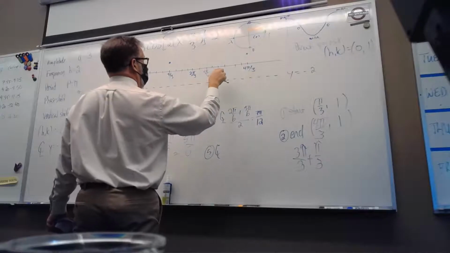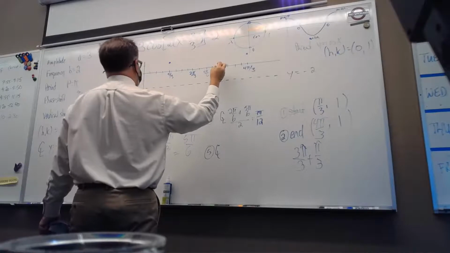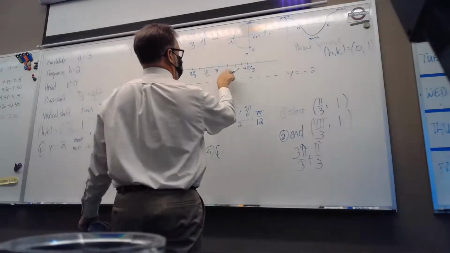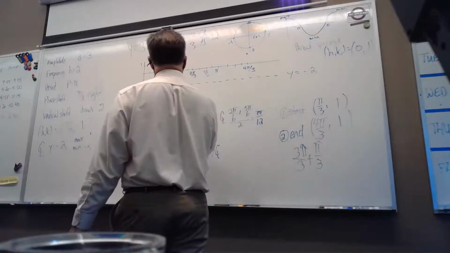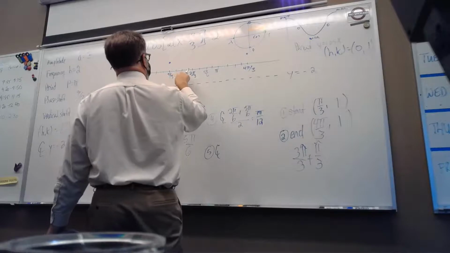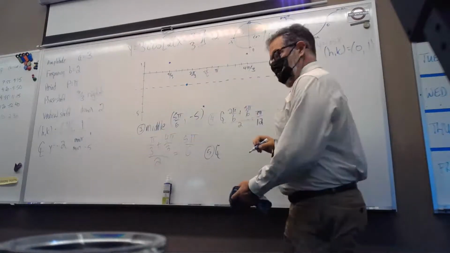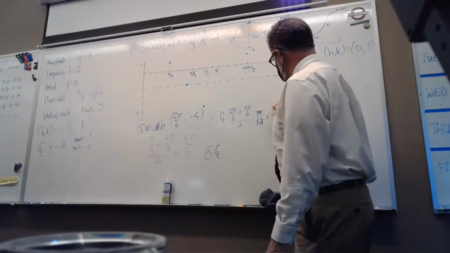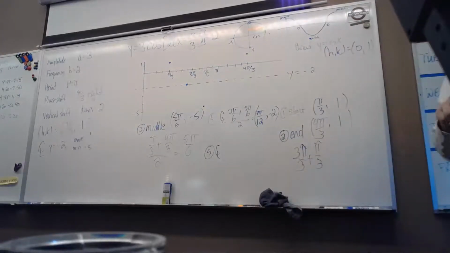I feel like I'm missing something there. Oh, I didn't put a pi over 6 there. Oh, shoot. Yeah, I did. Yeah, no, we're good. 7 pi over 12, 1, 2, 3, 4, 5, 6, 7, right there. Comma, -2. I like it.